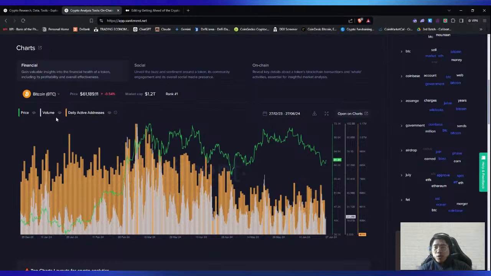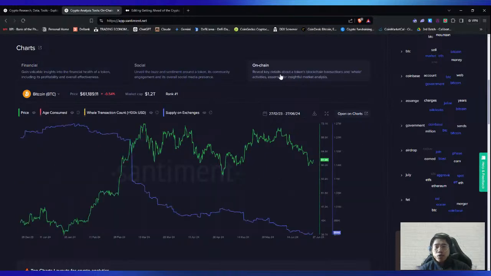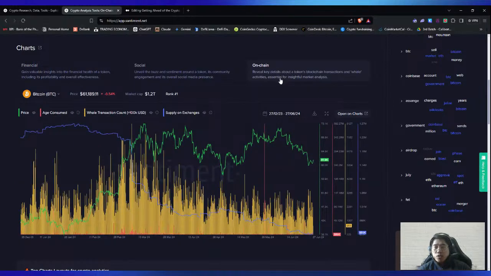In this example, we can see the price metric, the volume, and the daily active addresses. When you click on chain, you can see more parameters like the age consumed, the whale transaction count, and supply on exchanges.